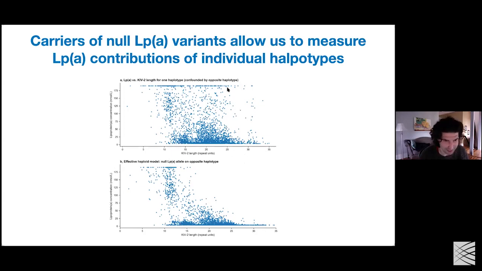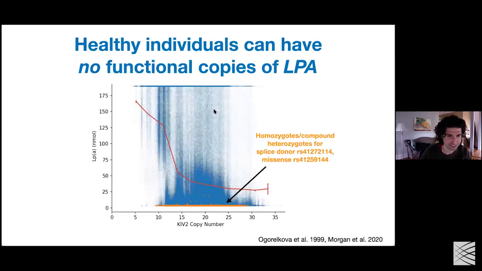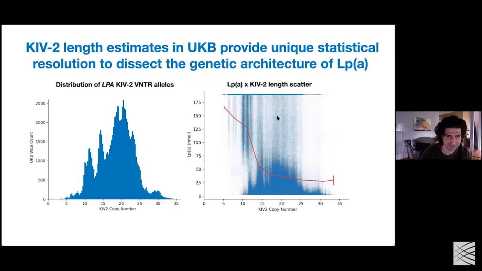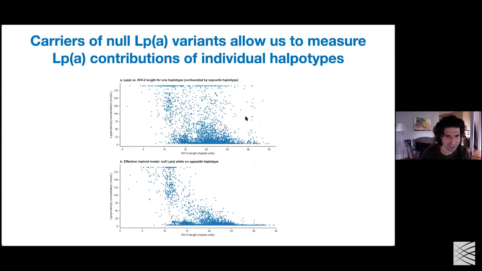That's because in these points, the LPA is presumably contributed by the opposing haplotype, whereas in these points, the opposing haplotype has contributed no LPA because it has one of these null variants. I should mention, I downsampled this figure, which is the same as the ordinary scatter plot, so the number of points match. So I'm not biasing you with the number of points or anything.